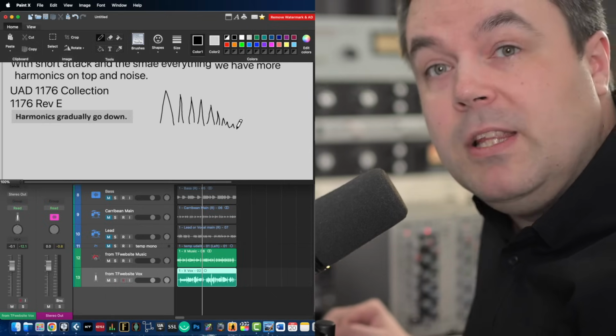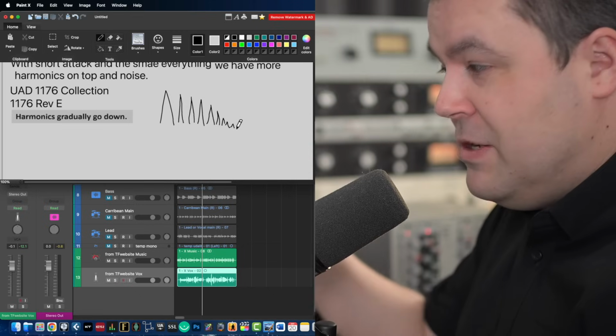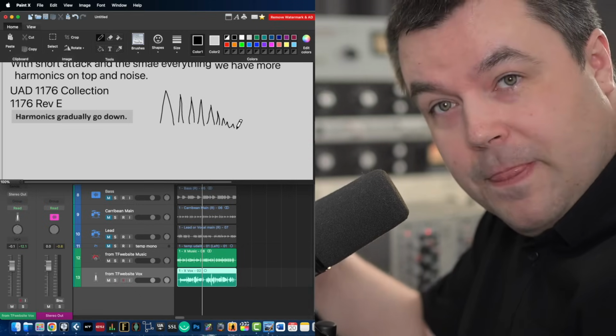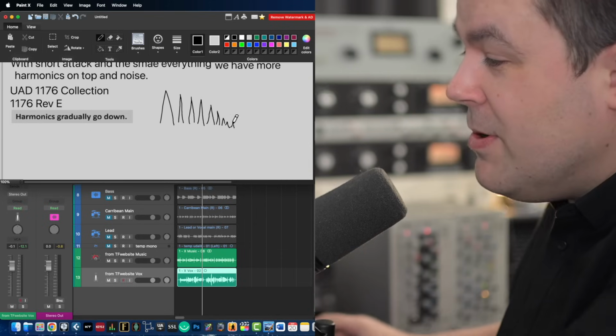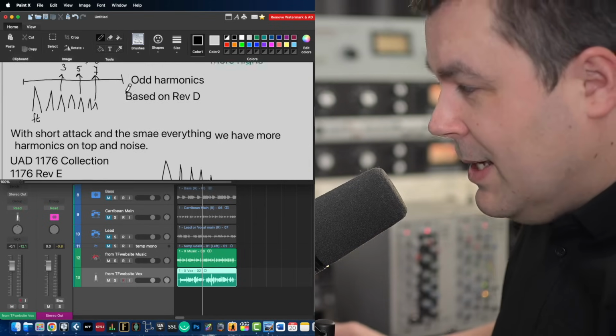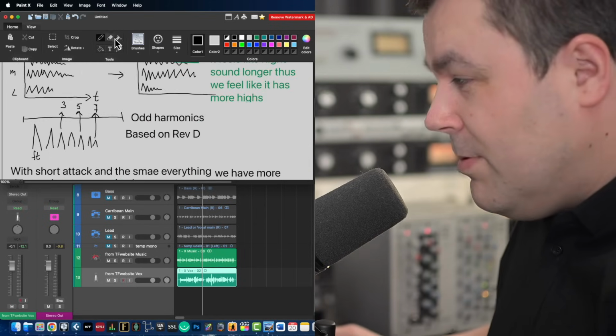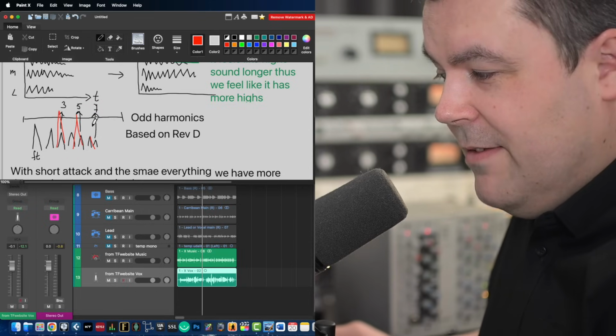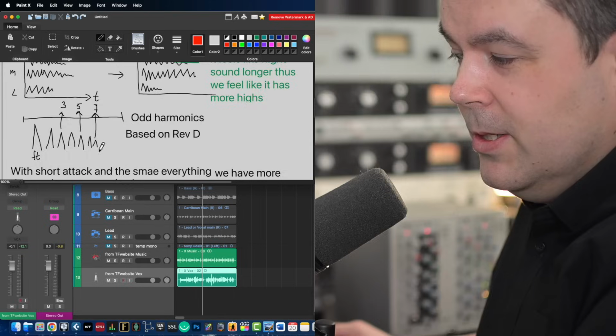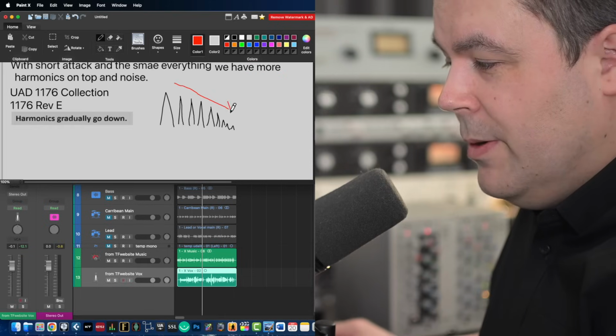And I'm completely shocked because a lot of plugin manufacturers absolutely don't have this content in their plugins, only this plugin has. Even the previous generation of the same plugin of Universal Audio has completely different frequency content. 3rd, 5th, and 7th boosted, odd harmonics boosted. But over here you have gradually going down harmonics.